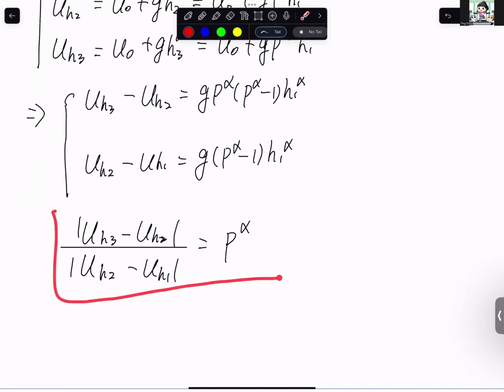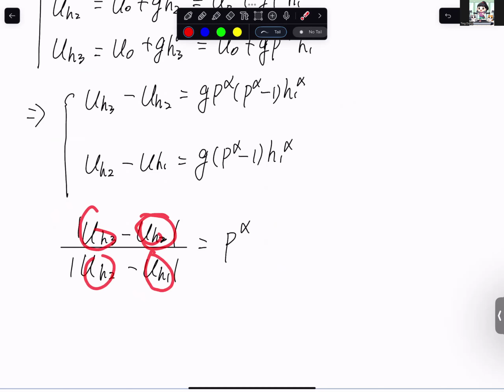And now when you see this equation, of course, you can use it in the project and in the exam. I don't think I assign homework related to this part, but it may appear in the exam. So UH1, UH2, UH3 are given information. P is the ratio between the element sizes, also considered given information.